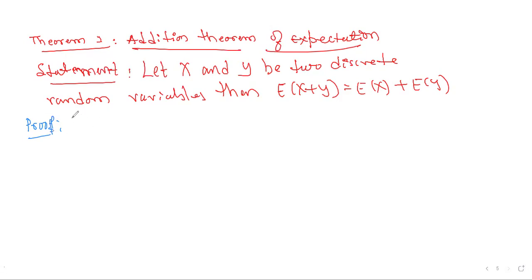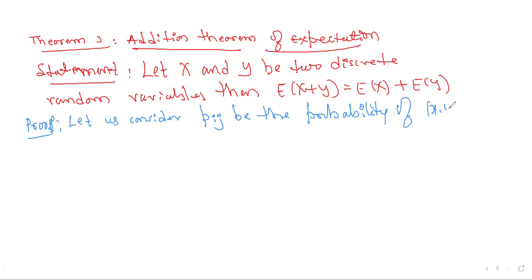Proof. Let us consider pij to be the probability of x comma y, for all i running from 1 to m and j running from 1 to n.